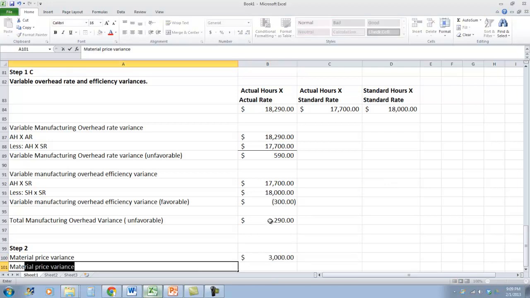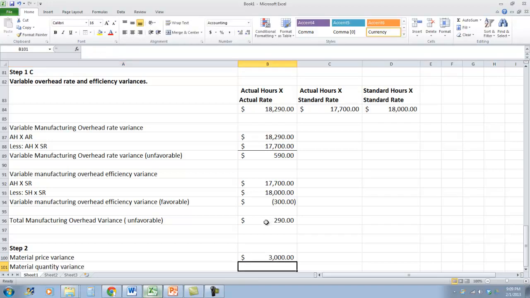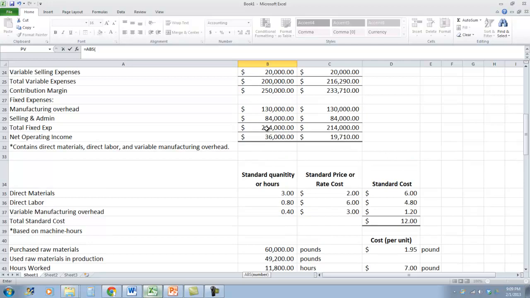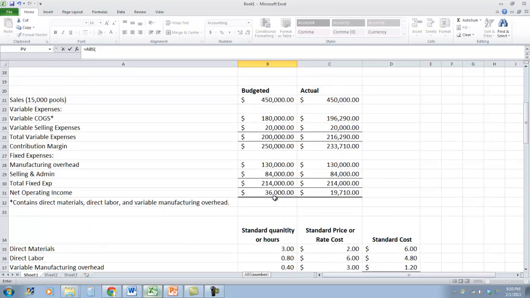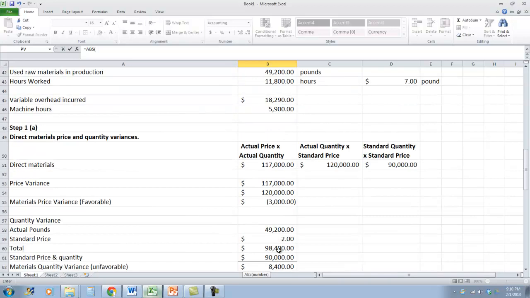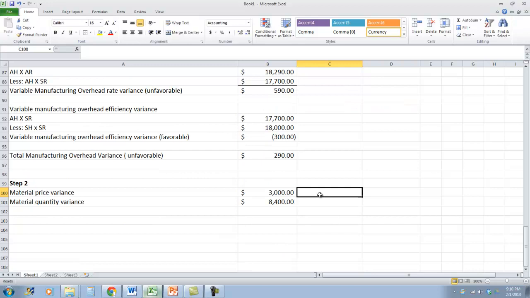Then we need a material quantity variance. Okay. So this was favorable. This was unfavorable.